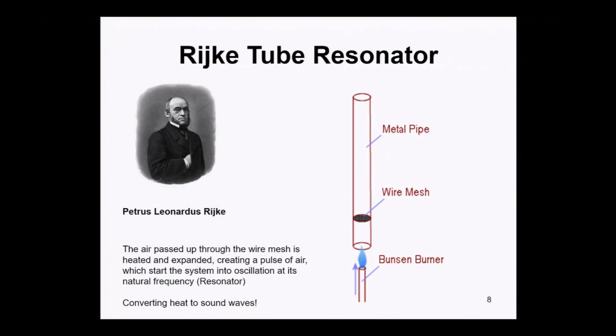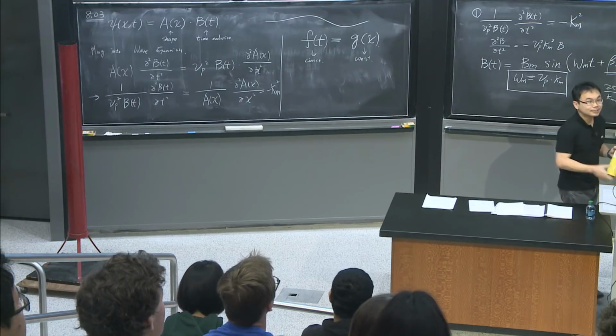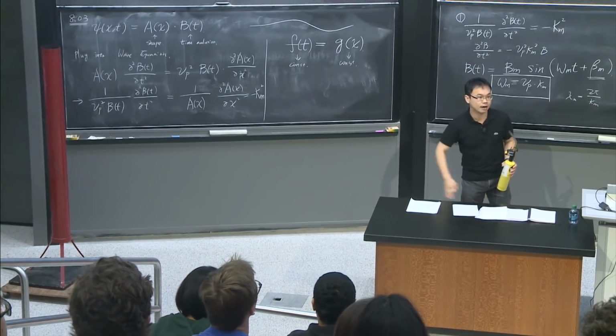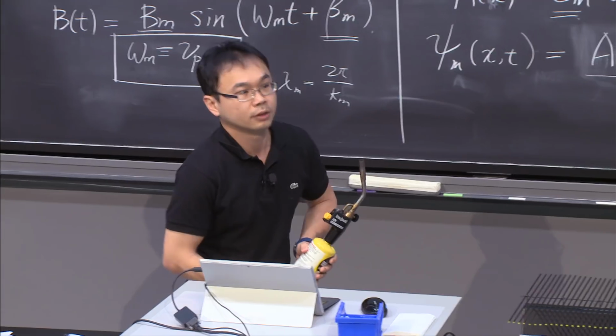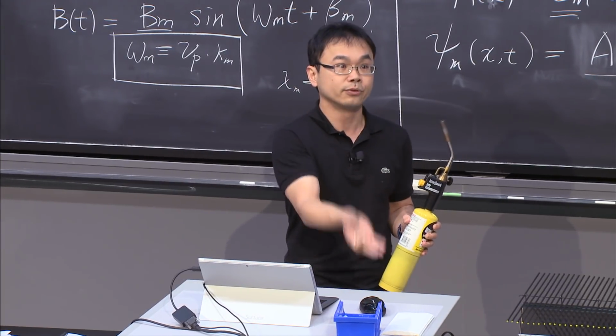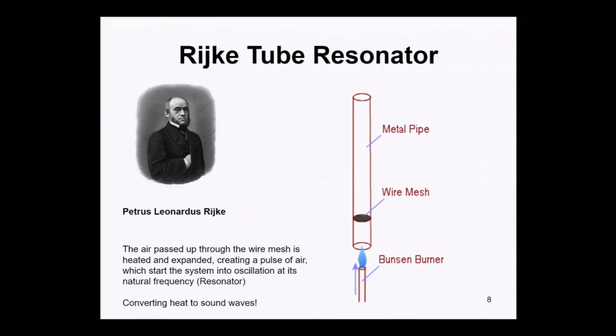So the structure is like this. Basically, you have a metal tube, which is resting there, okay? And inside the tube, you cannot see it now, but inside the tube, there's a wire mesh, which the air can flow freely up and down through, okay?